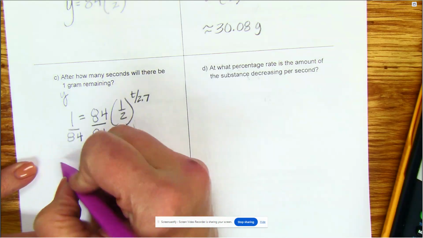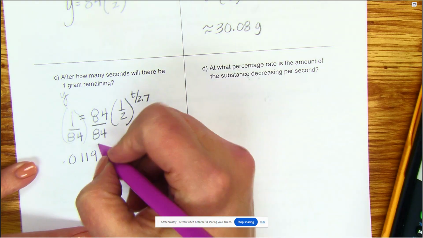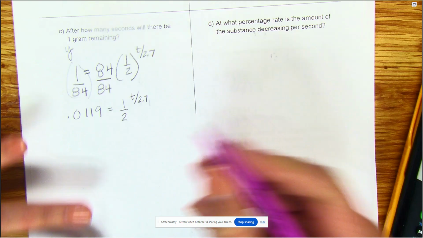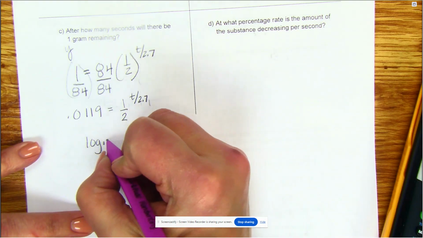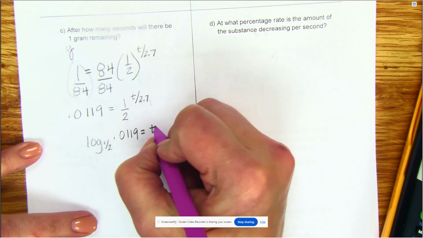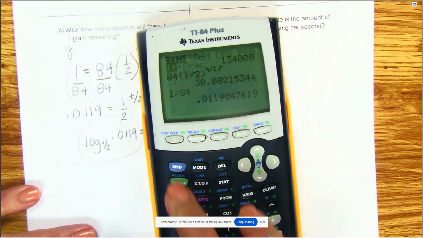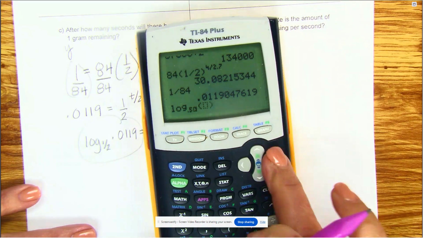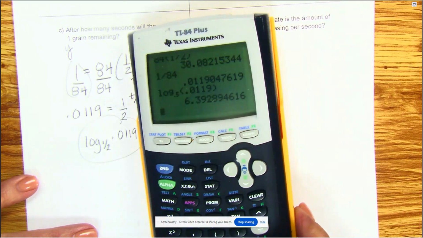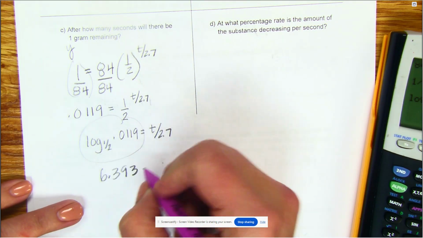0.0119. And by the way, you could just leave it like that and type in, when you go to the log, just use a fraction. So this would be the log base 1/2 of 0.0119 is t over 2.7. Type that on my calculator. 0.5, 0.0119, 6.393.